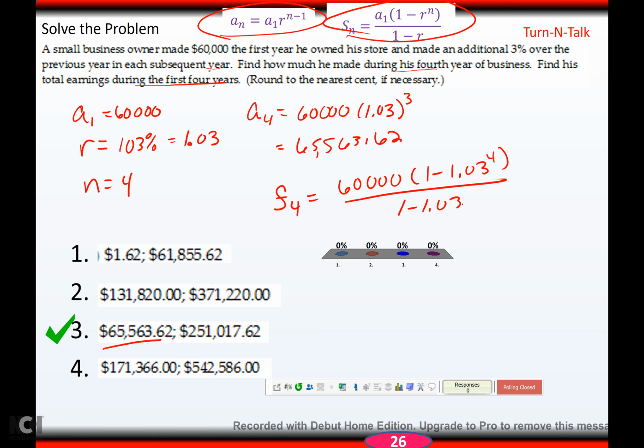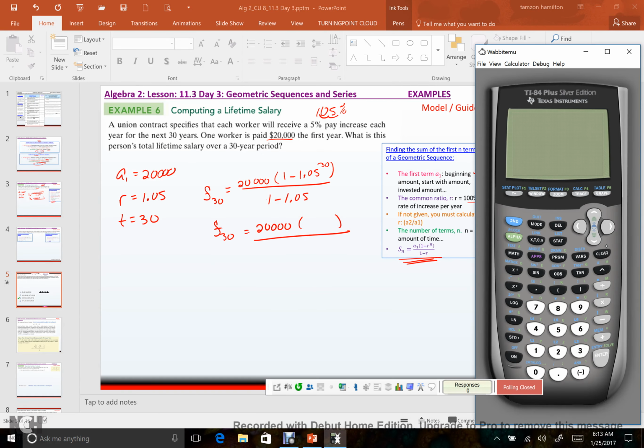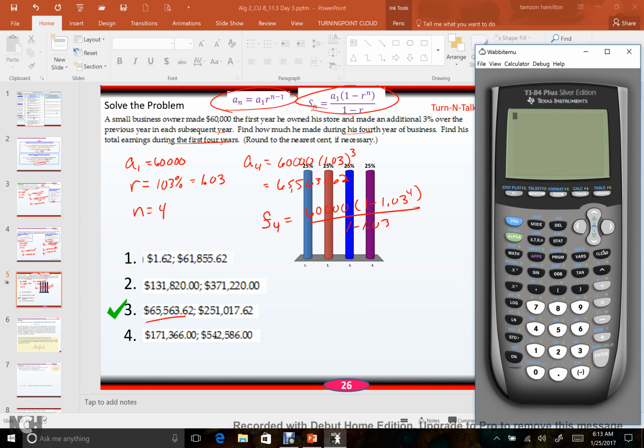So if I type that in carefully, and maybe I should show you that on my calculator. If I type this in very carefully without destroying anything or rounding anything, what I do is I type 1 minus 1.03 caret 4, enter.